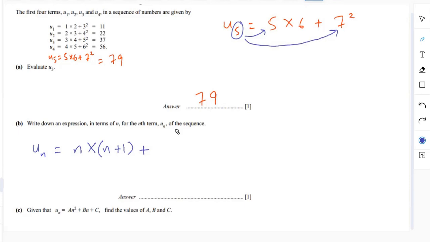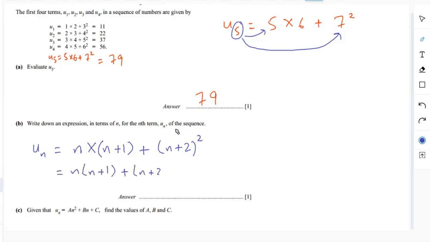प्लस में क्या कर रहे हैं, 7 का स्क्वायर. यहाँ पे 5 था, उधर 7 का स्क्वायर कर रहे हैं. If you look at the other numbers there, यहाँ पे 3 है, जब 3 के केस में 5 का स्क्वायर कर रहे हैं, 1 के केस में 3 का स्क्वायर कर रहे हैं, 2 के केस में 4 का स्क्वायर कर रहे हैं. तो बेसिकली जो भी नंबर ये लेफ्ट पे होता है उसमें 2 ऐड करते हैं, उसका स्क्वायर कर देते हैं. So we've got n plus 2 का होल स्क्वायर, that is the nth term formula for this, or you can write it like this, n into n plus 1 plus n plus 2 का whole square, right?